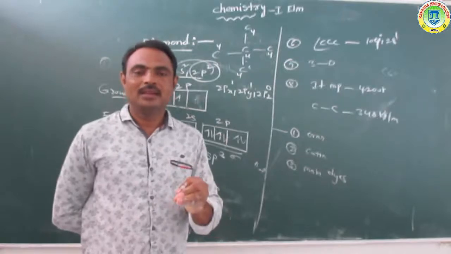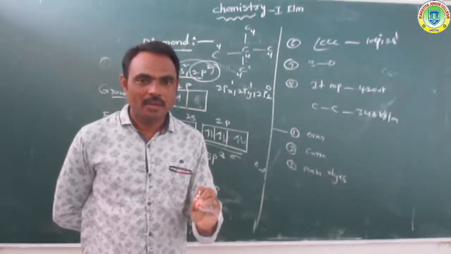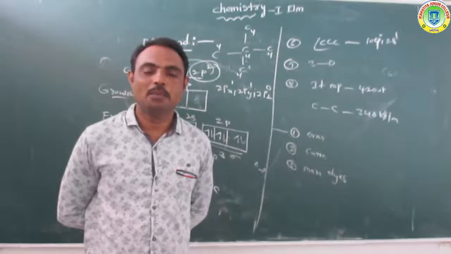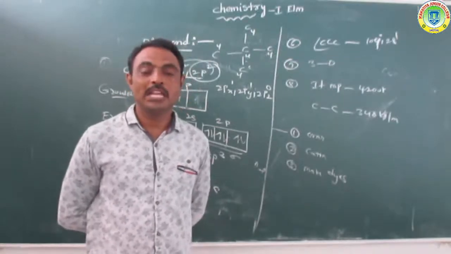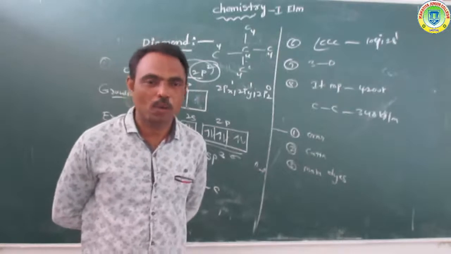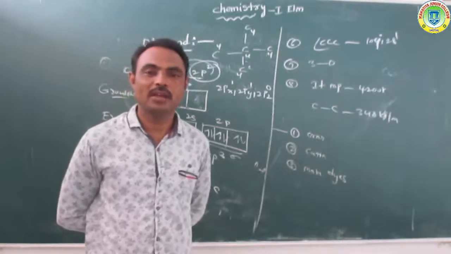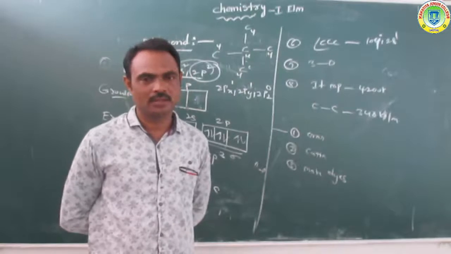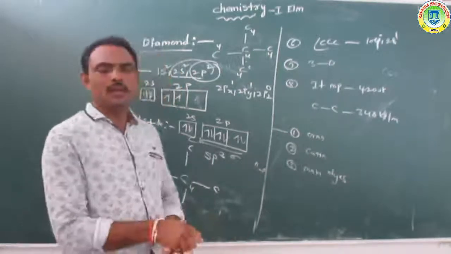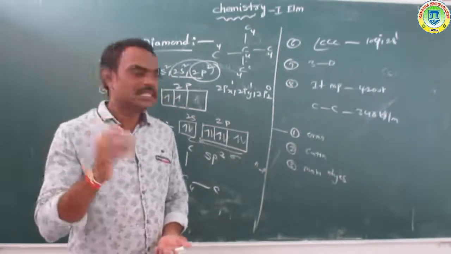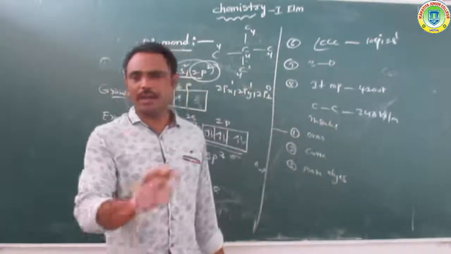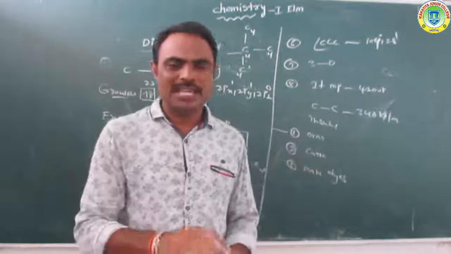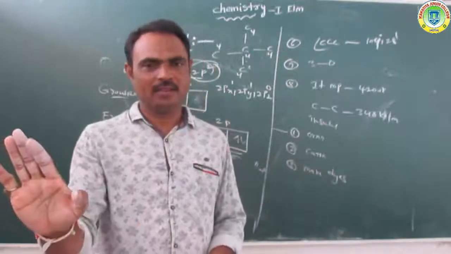Because in a diamond, between carbon and carbon, the bond energy is very high. It is very difficult to break the bond, so we require higher energies. Overall, it is an insulator, not a conductor. It does not allow the flow of electricity.